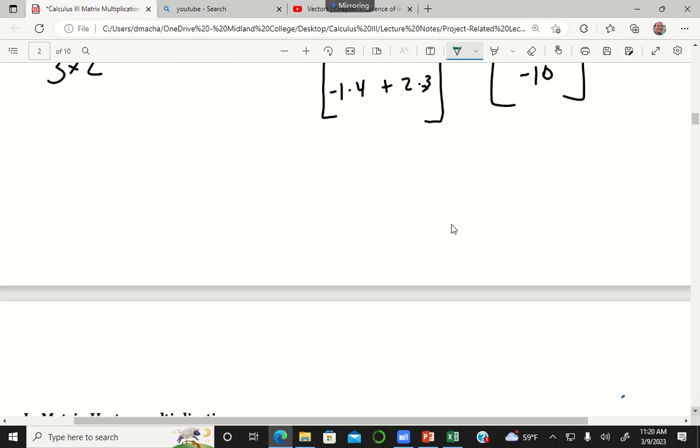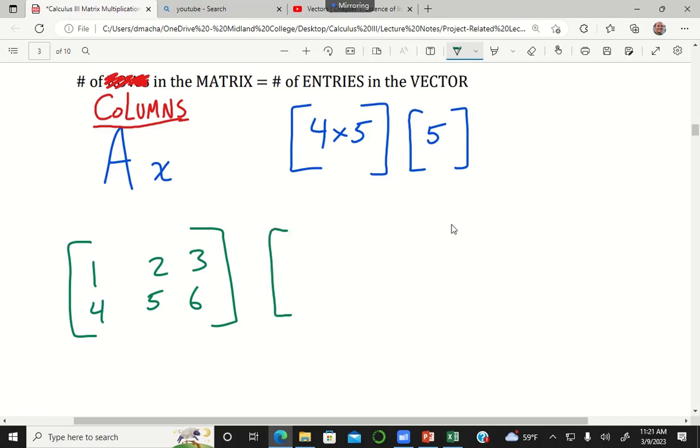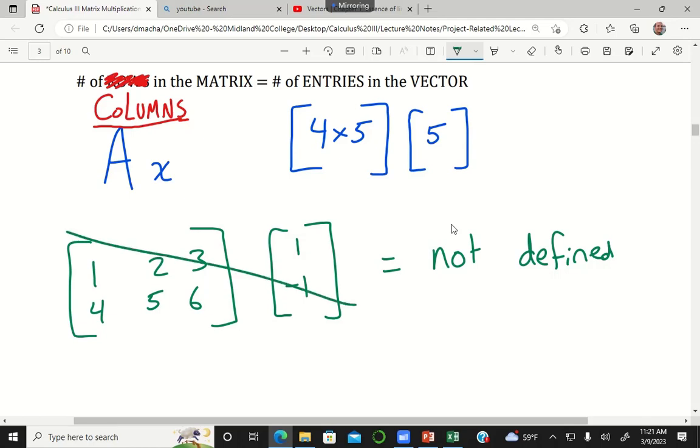If I tried to do something that didn't fit this requirement, like a matrix with 3 columns times a vector with just 2 entries, then this is not defined, right? Because again, what I'm trying to do is take the dot product of 1, 2, 3 with the vector 1, -1, and that's just not the same number of entries, so I can't do the dot product, and so that doesn't work.